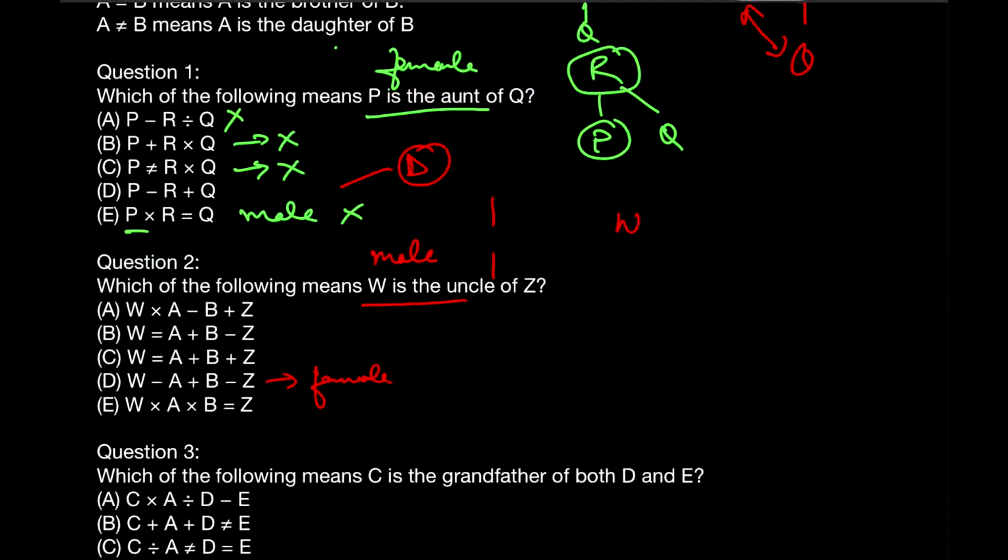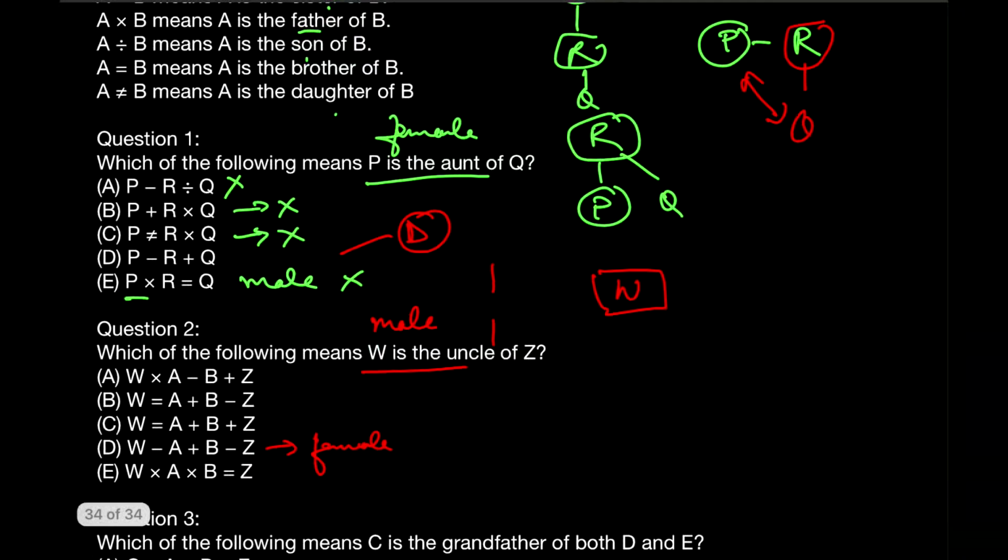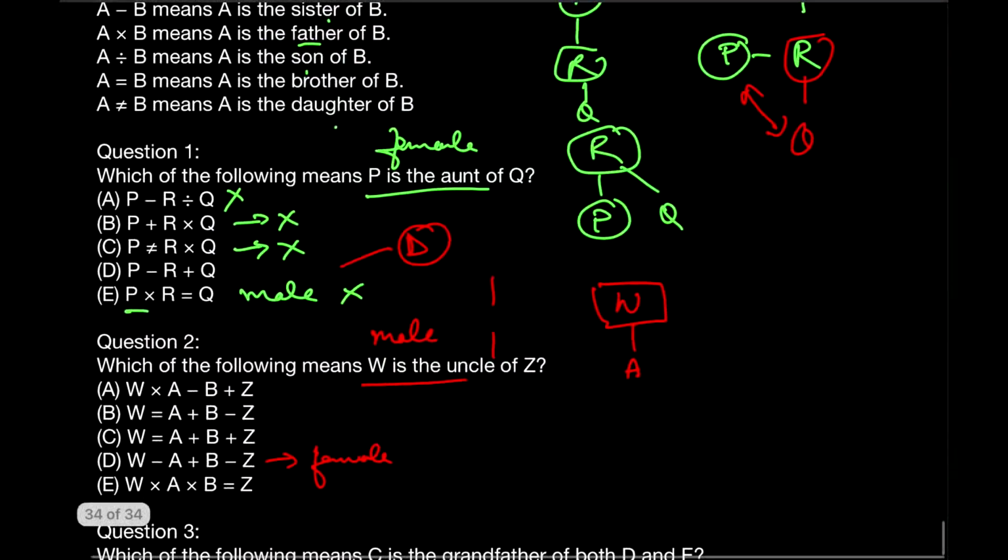And here, what we are doing, I am considering that W is the male, so I will be denoting a box like this. So W is the brother, into means father. W is the father of A, done. A is the sister of B because minus means sister. So A is the sister of B. Now B is B plus.